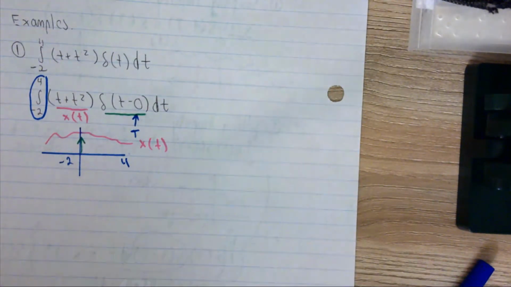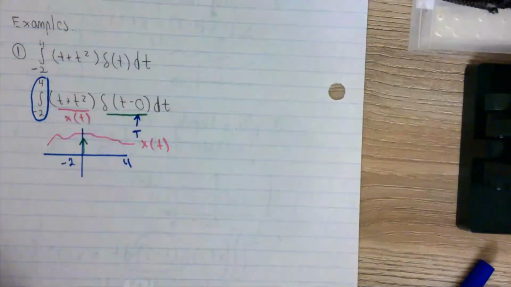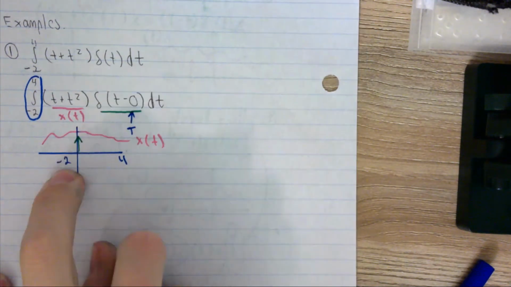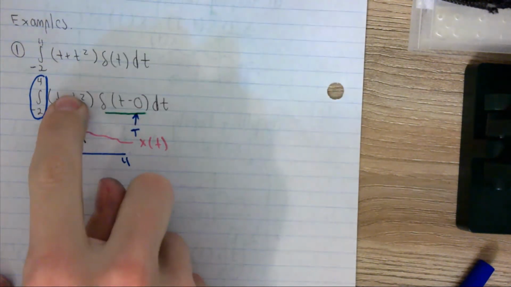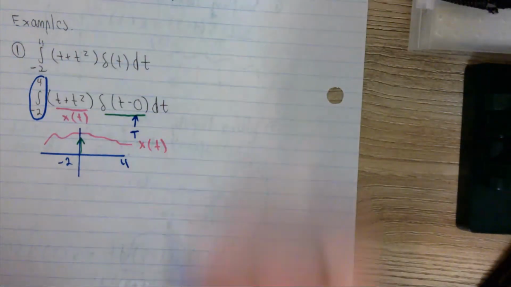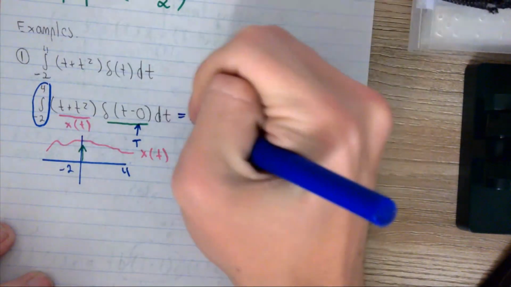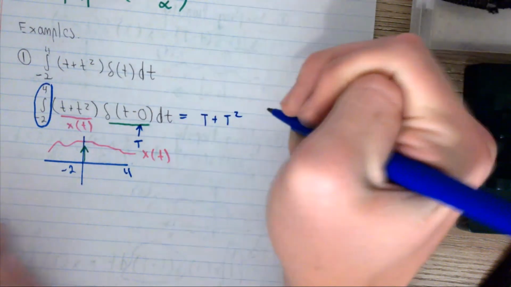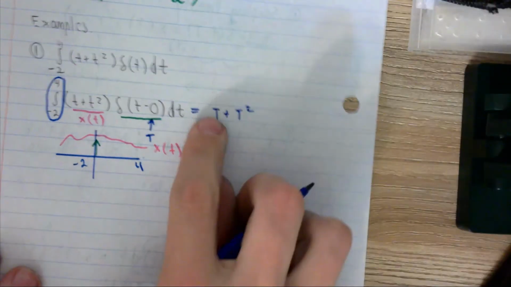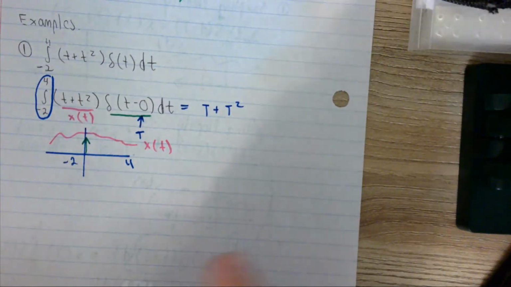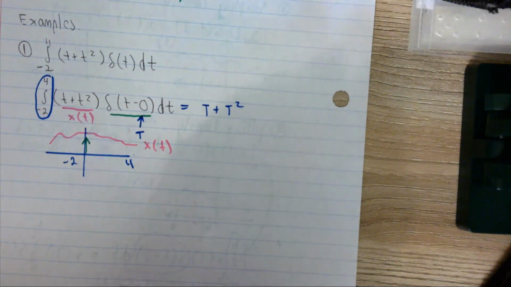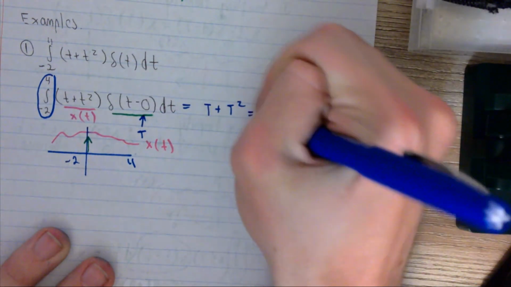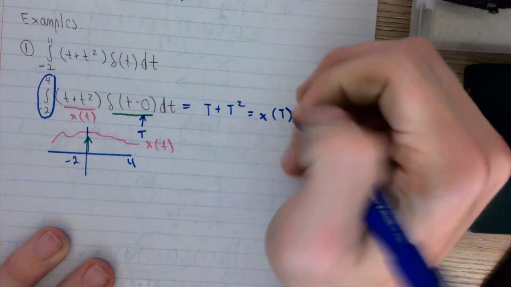Since the impulse occurs between the bounds, it's x of t evaluated where that impulse occurs. So this simplifies to t plus t squared, and that value for t we determined was 0. So this is x of t, where t was 0.